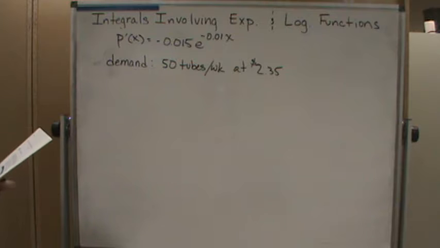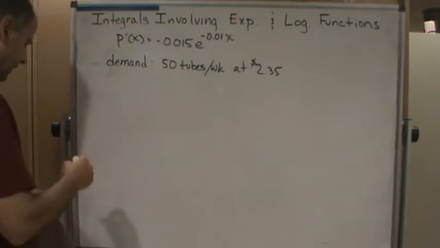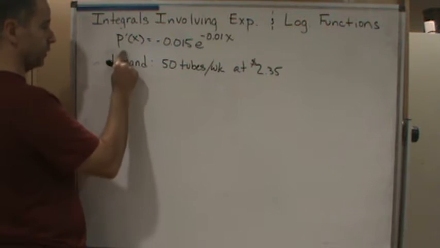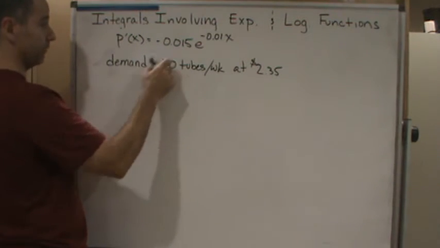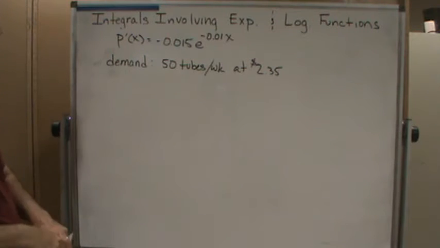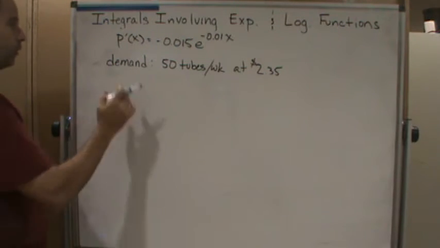Now here's the thing. To find the price demand function, we're going to integrate this, because the price demand function is P of x. So this is where we're going to have to integrate this function.